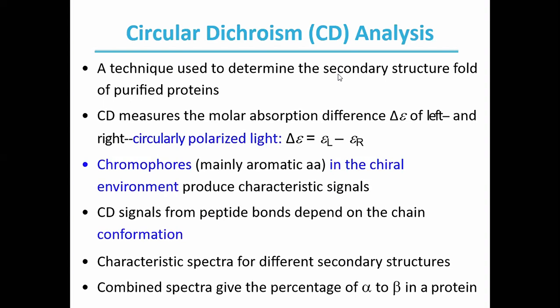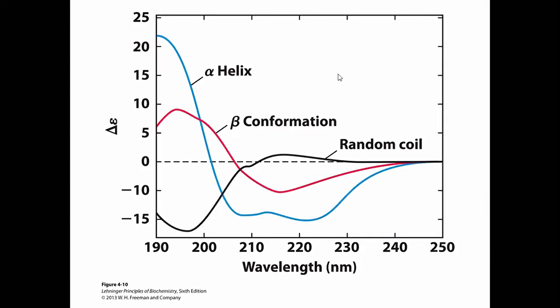It has chirality because amino acids are chiral molecules, so it can absorb UV signal in a very unique way, so that you can differentiate between alpha, beta, and turn. So this is the typical spectrum of CD, circular dichroism.